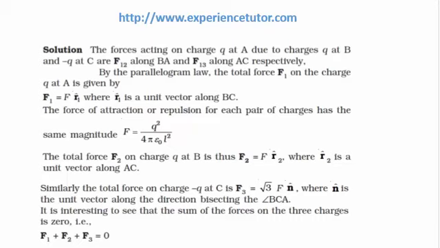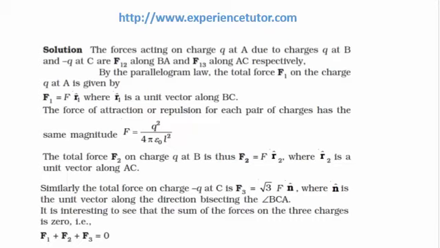The force of attraction or repulsion for each pair of charges has the same magnitude, F is equal to q square upon 4 pi epsilon naught L square. The total force F2 on charge q at B is thus F2 is equal to F r2, where r2 is the unit vector along AC.